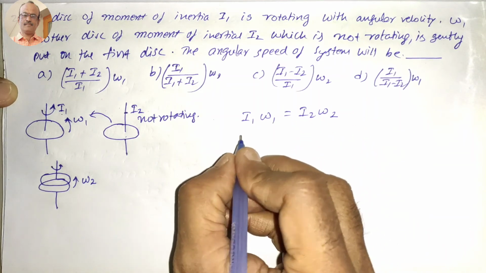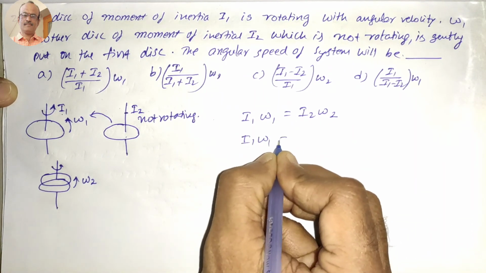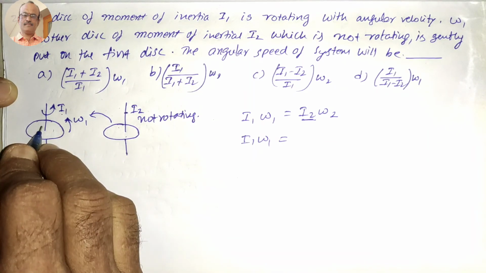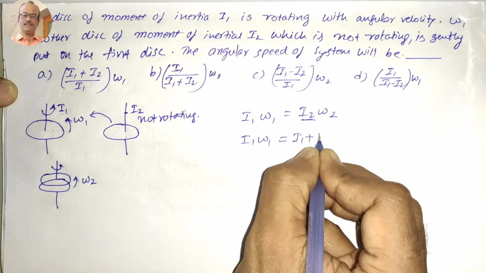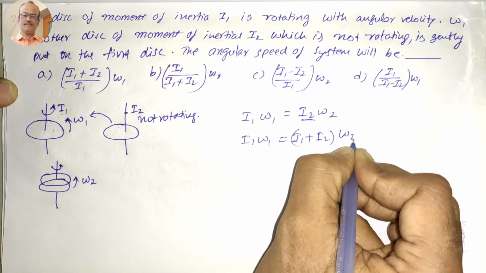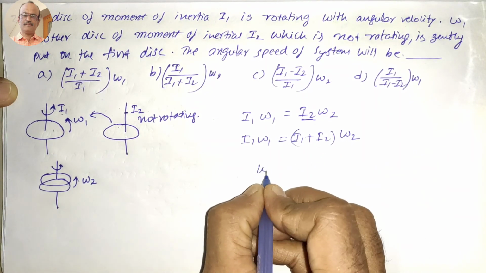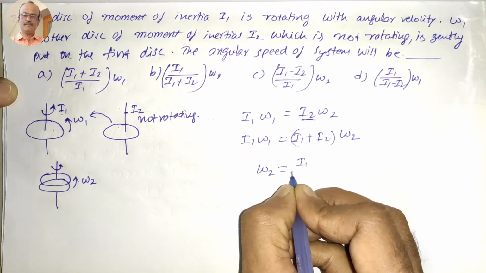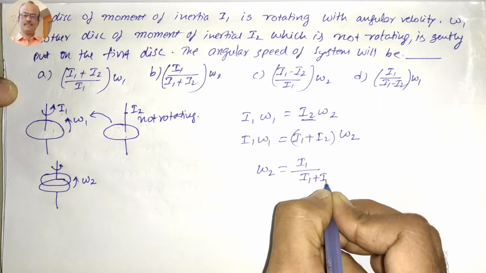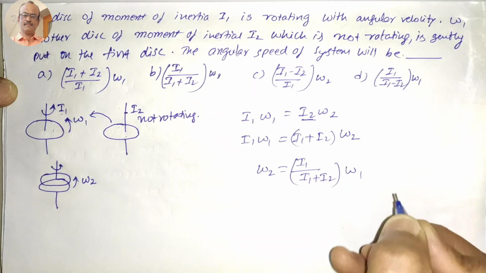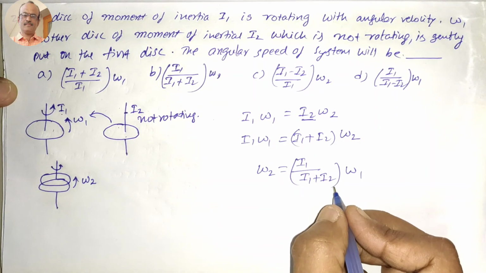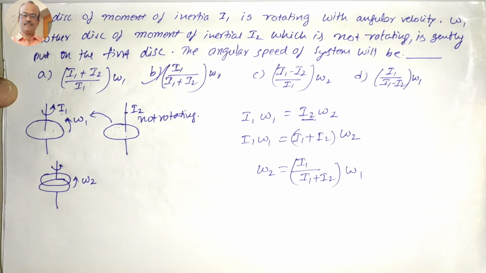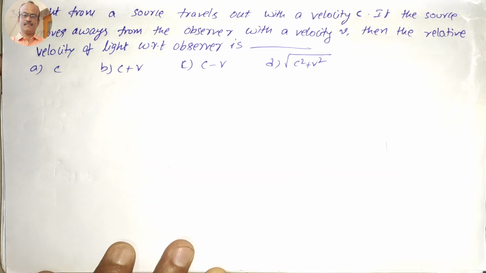So here, I1 omega 1 is equal to, since one disk is placed on another disk, I1 plus I2 into omega 2. I want to calculate omega 2, which is equal to I1 divided by I1 plus I2, into omega 1. Which option is correct here? I1 divided by I1 plus I2 into omega 1. Option B is correct.